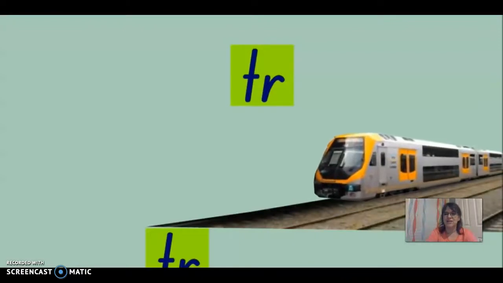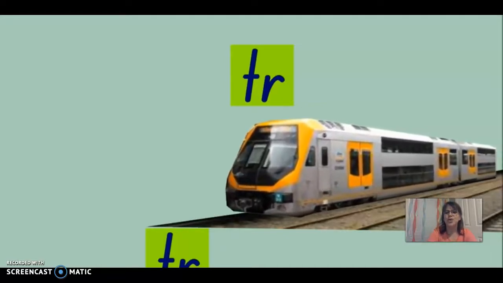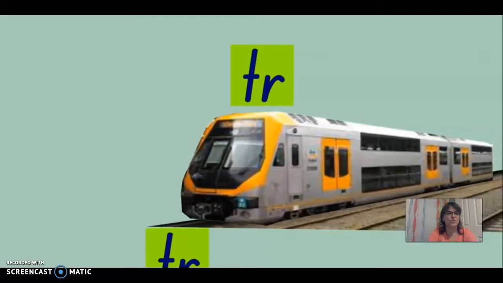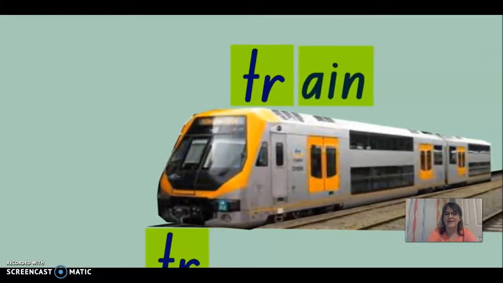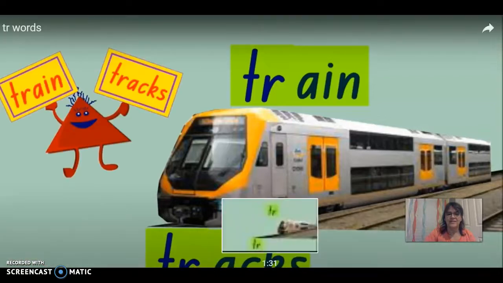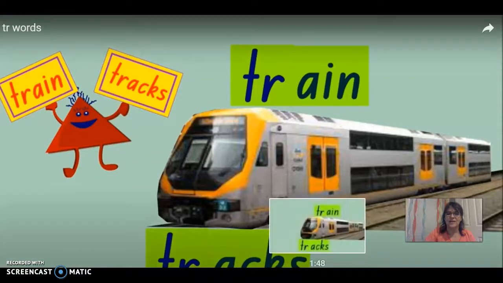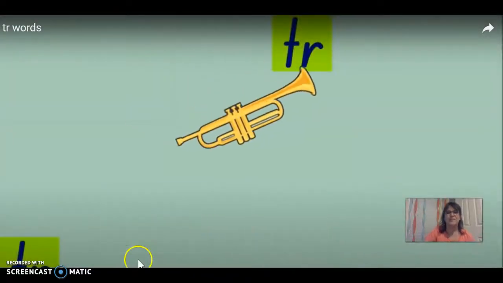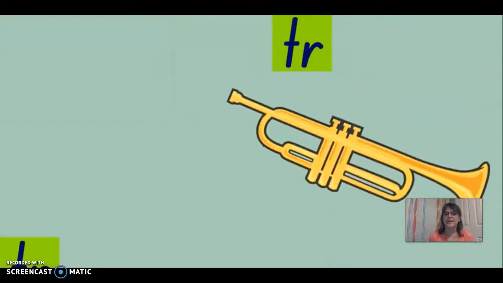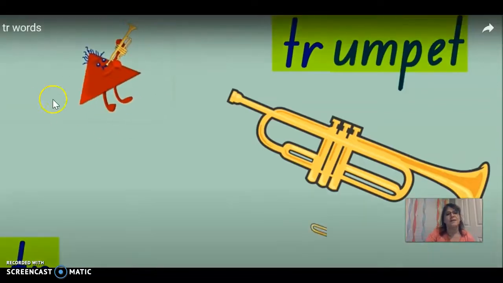Ooh, you know what this is, a train. Now remember, it's not a train with a CH, it's a train. Train. Can you say that? Train. There we go. Train. Oh, and there's also another word, tracks, right here. You can't see the whole thing, but tracks. The train and tracks. Ooh, we know what that is, a trumpet. Trumpet. The triangle is playing the trumpet.